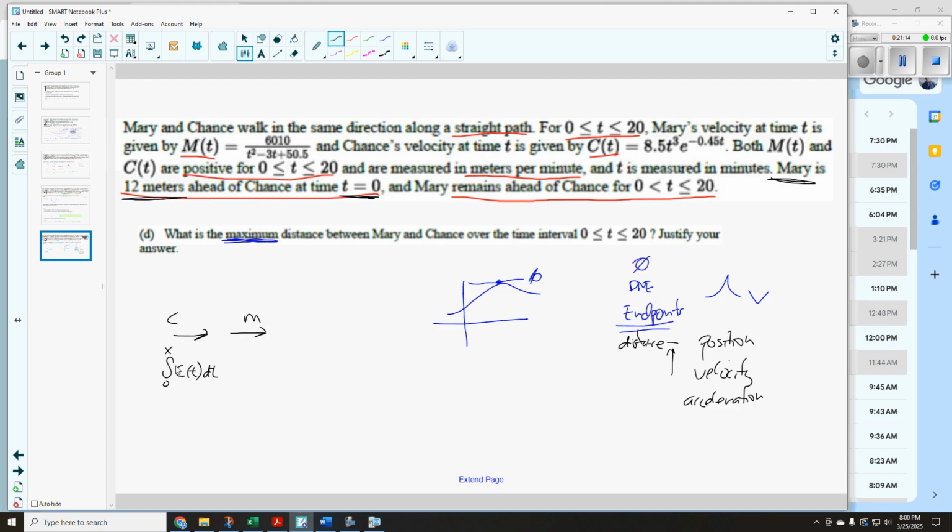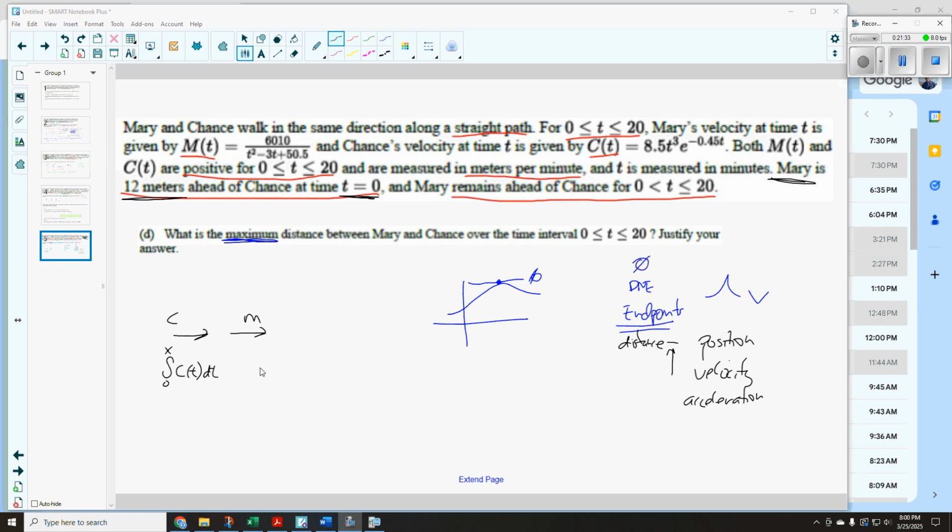Remember, when we're writing this out, we use different variables. This t here is just a dummy variable, but I want to find out his position at a specific time x. It would be the integral from 0 to x of the velocity.